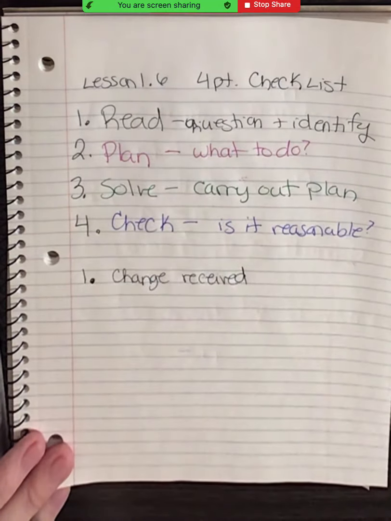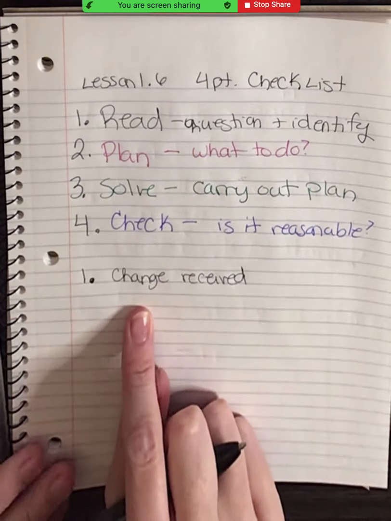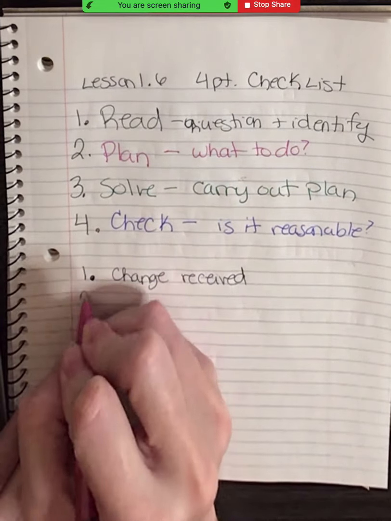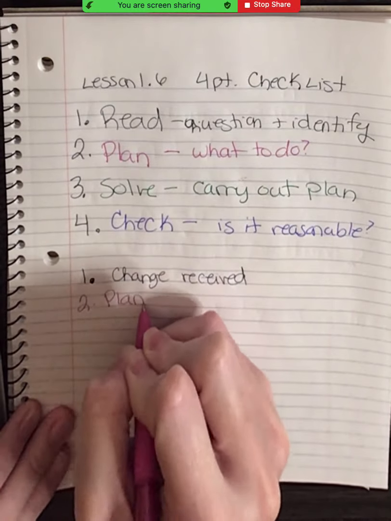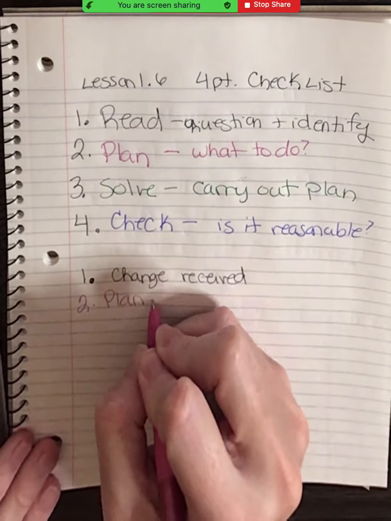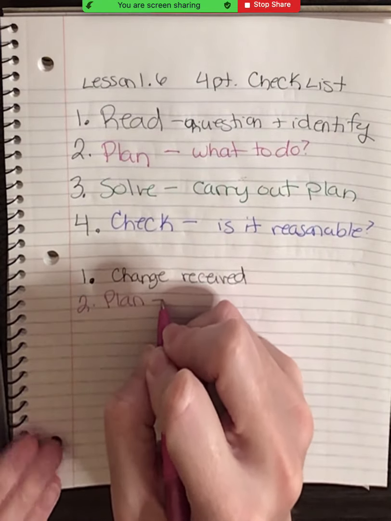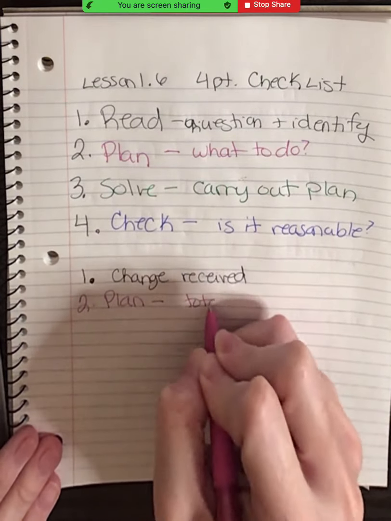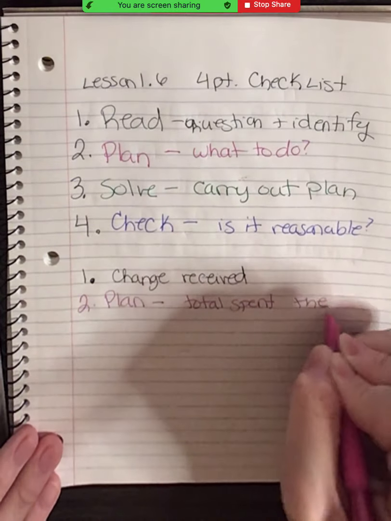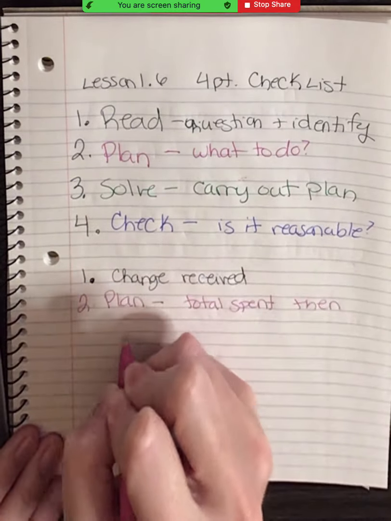Okay, change received. So then you can write your plan. Right, so the plan is, if you need to know the change received, you need to find the total spent, then subtract from the money given.